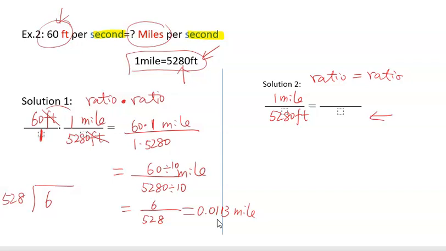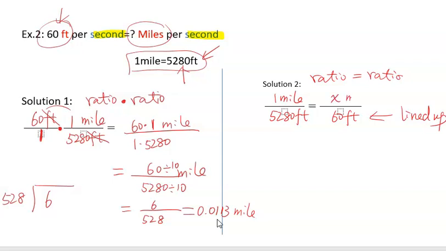So they're going to be lined up instead of top and bottom, so they can be canceled. Again, the difference is because we're doing multiplication, top and bottom cancel each other. But when we set up a proportion, we have to make sure they're lined up. That way they can be canceled.